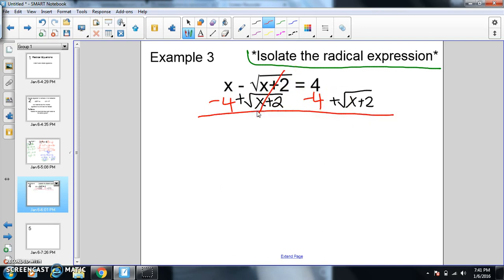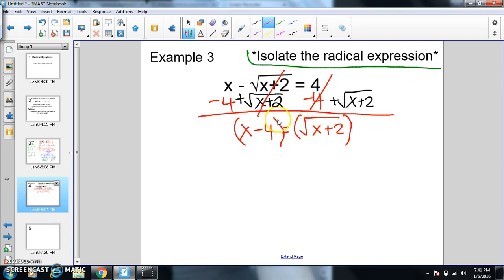On the left, the square root of x plus 2's cancel, and I'm left with x minus 4 is equal to. On the right, the 4's cancel, and I'm left with the square root of x plus 2. I now have my radical expression isolated, so I can raise both sides of my equation to that power.